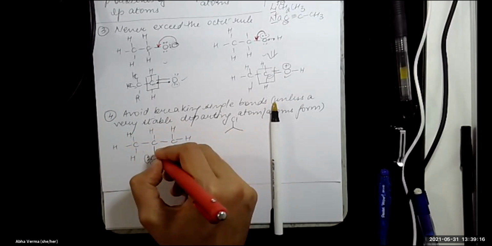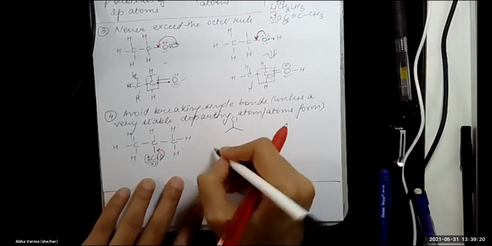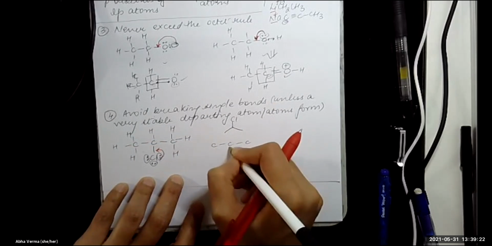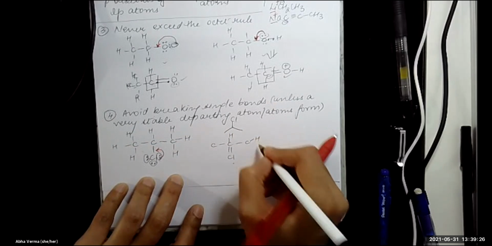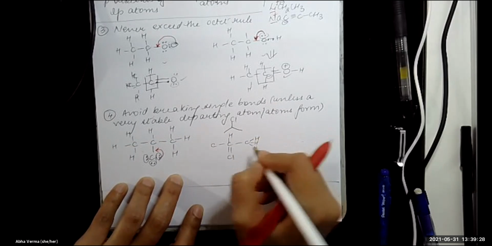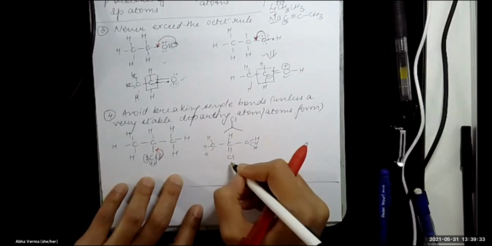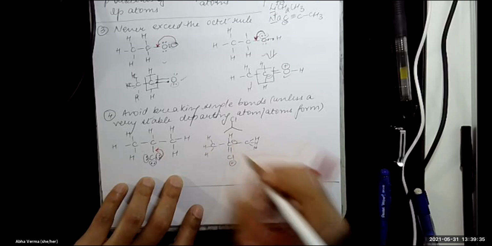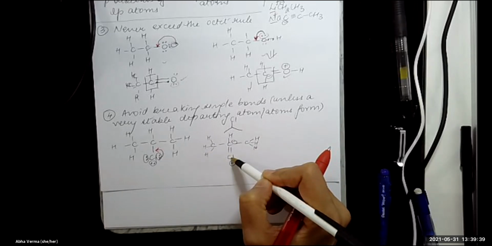If I do that, I will be violating octet rules. Can chlorine have 2 bonds?